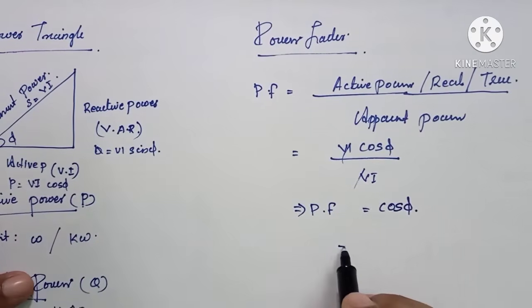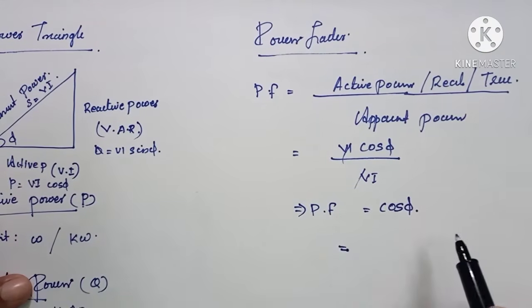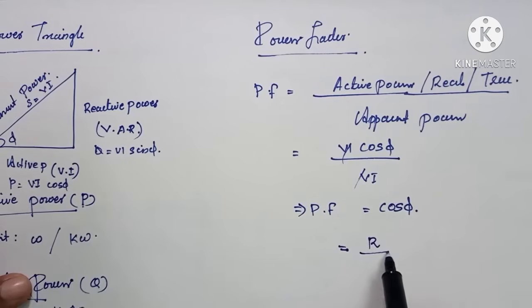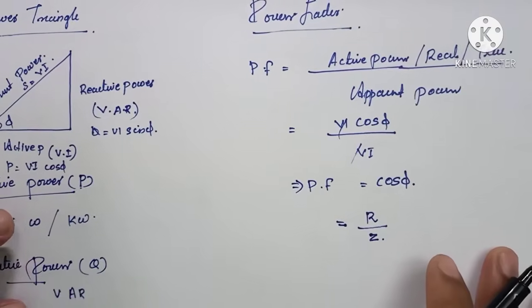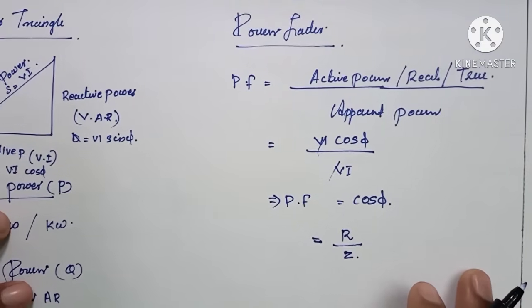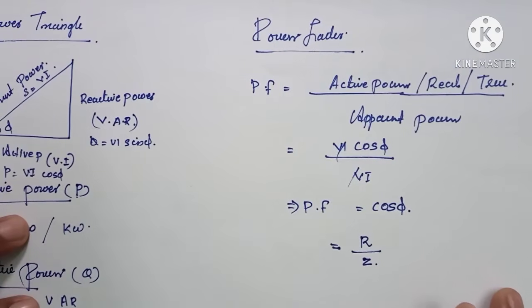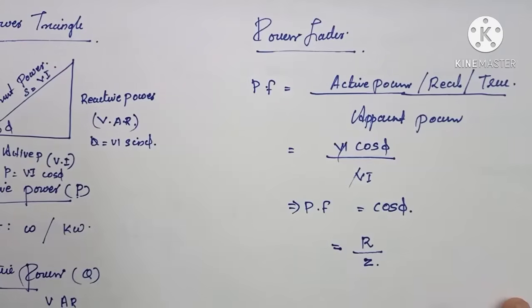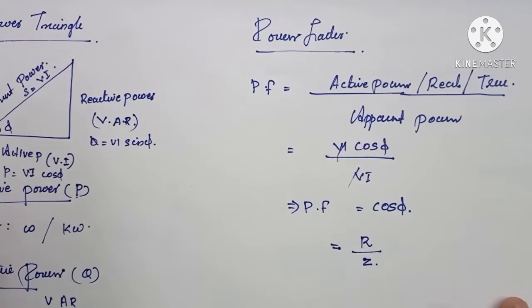Or simply we can write it as the ratio of resistance to that of impedance. Okay. In pure series RL circuit, the power factor is positive and which is lagging, because current is lagging here at an angle phi.